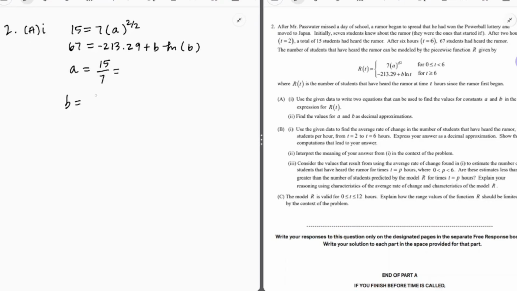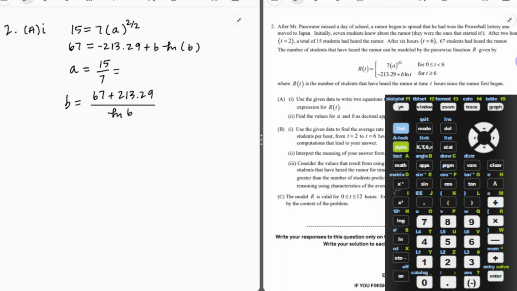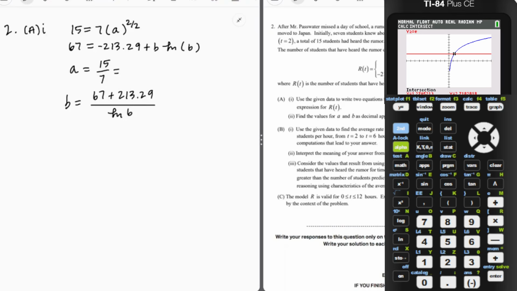Okay, maybe I'm just going to do some work here. 67 plus 213.29. And then to solve for b, I'm going to be dividing by the natural log of 6. With my handwriting, that kind of looks the same. Natural log of 6. All right, so now I'm going to need a calculator for sure. I'm not that quick with mental arithmetic. Here we go.